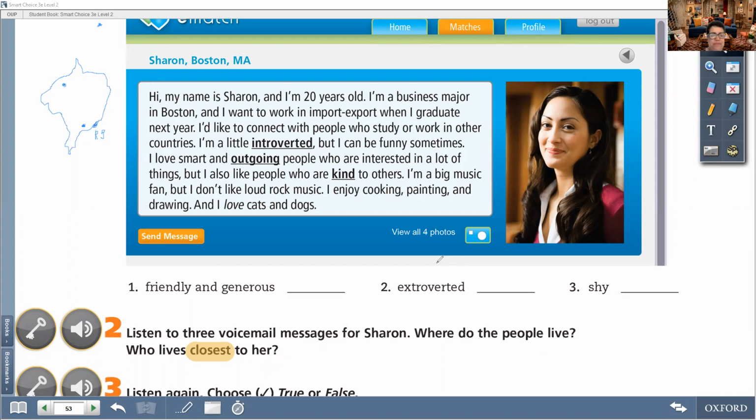It's far. Rio to Manaus? How? Who lives closest to you? The person who lives in São Paulo, the person who lives in Manaus, or the person who lives in Miami? Who lives closest to you?